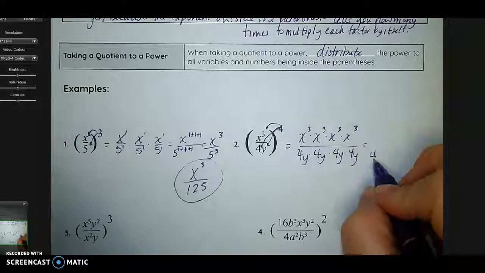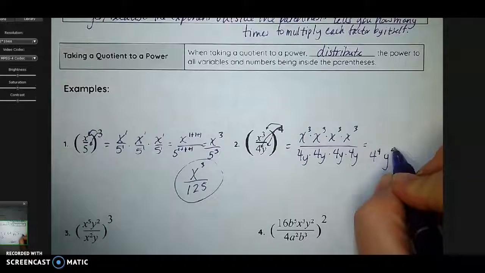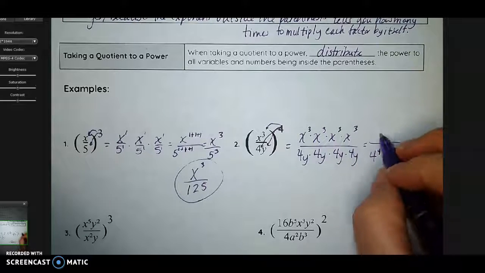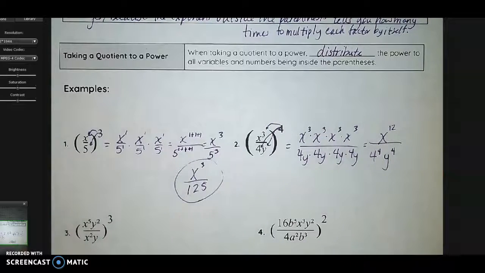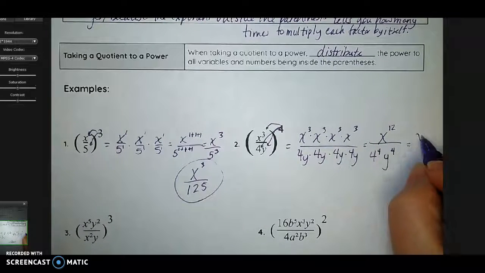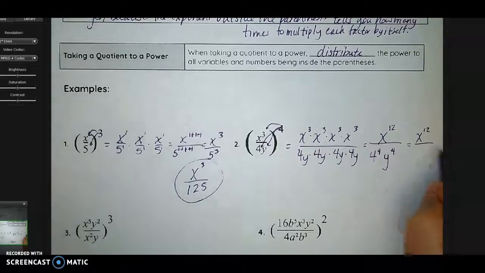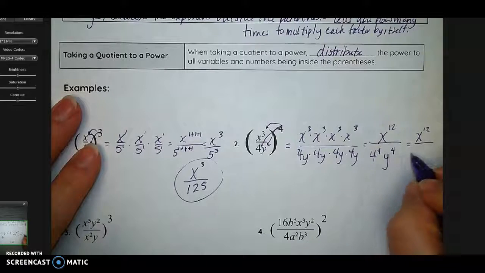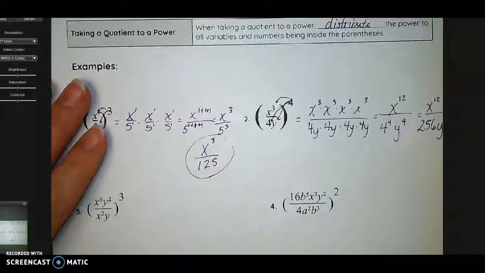So that means 4 to the 4th and y to the 4th. And then 3 plus 3 plus 3 plus 3 is going to give me x to the 12th. And once again, I could take that 4 to the 4th power, which would give me a decently reasonable number. So you could simplify that 4 to the 4th to 256, y to the 4th.